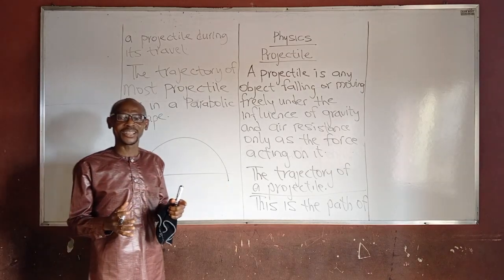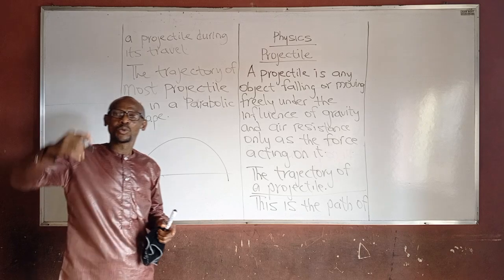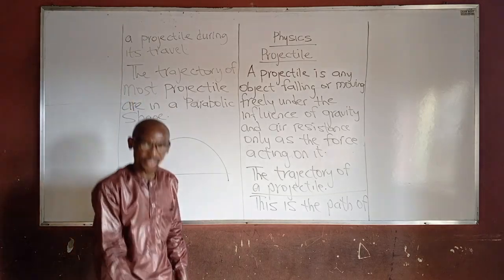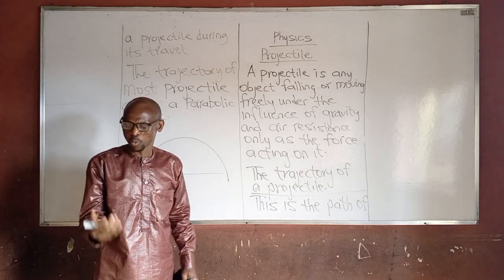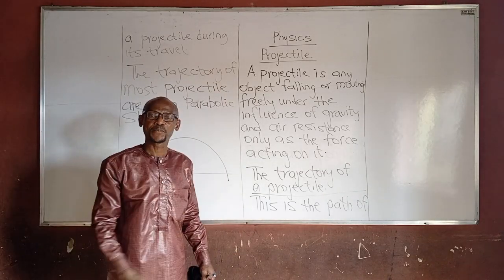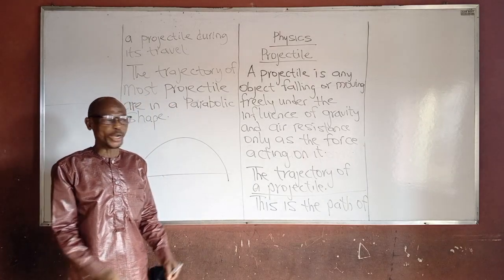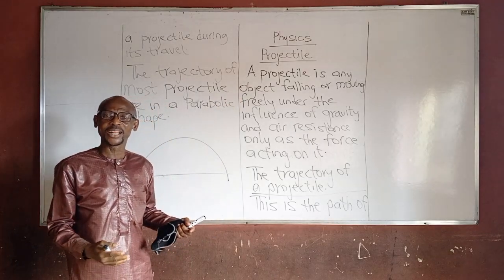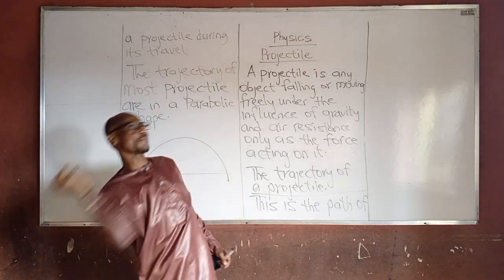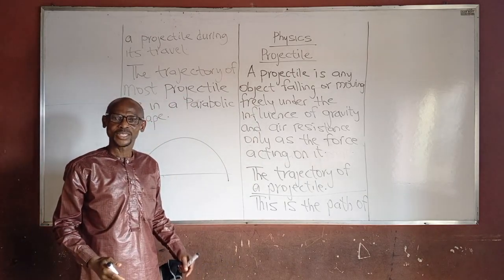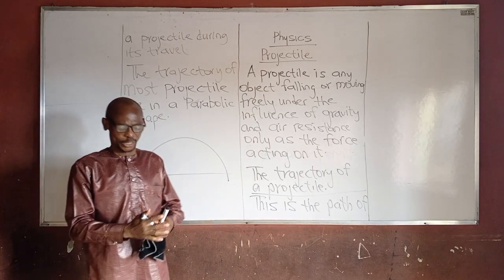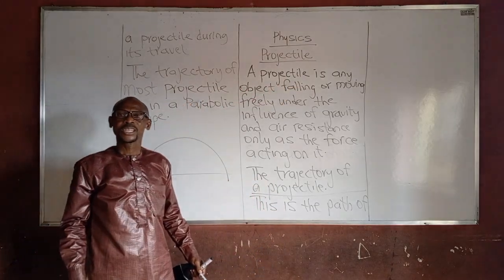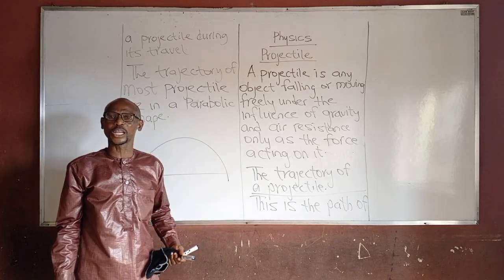Examples of projectiles in life. A stone that is released from a given height, as it's falling, is a projectile. When we throw a stone into the air, it's a projectile. When a bullet is released from a gun, that bullet starts moving, it's a projectile. When a javelin is thrown in sport, that javelin is an example of a projectile. When we throw a shot put in sport, that shot put is also an example of a projectile.